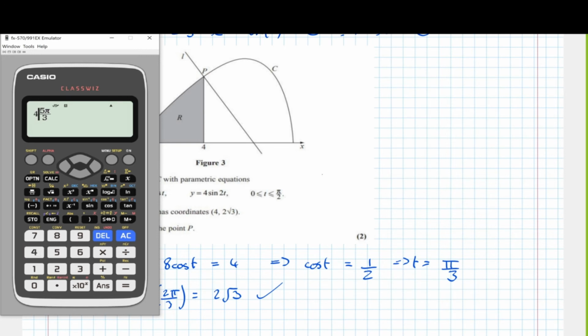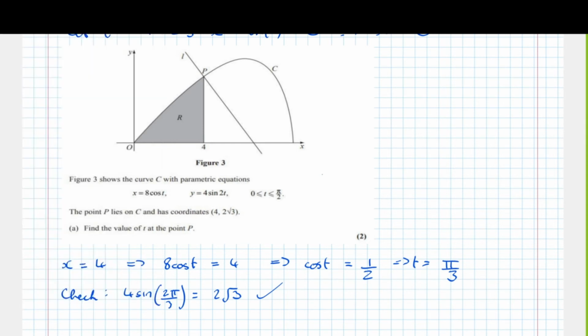So 4 sine of 2 lots of that doesn't give us it. It gives us minus 2 root 3. So that's the reason we checked, because just because we get the x coordinate doesn't necessarily mean we're going to get the y coordinate right. And this example here, where t is 5/3 pi, gives us the x coordinate but not the y. That's the reason we did that.